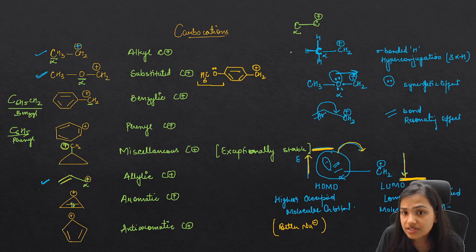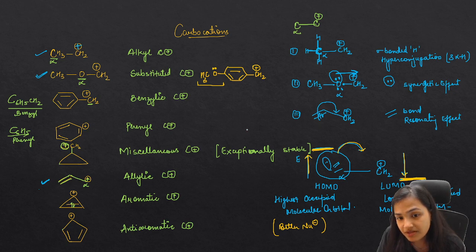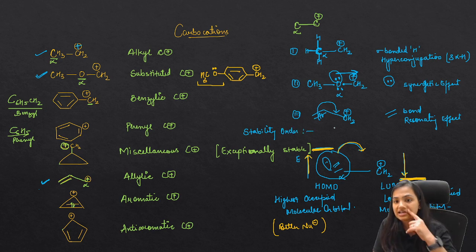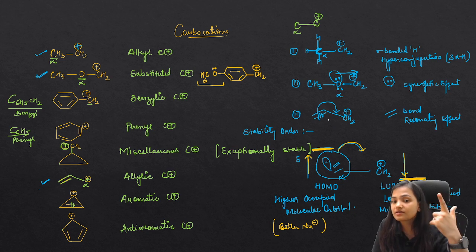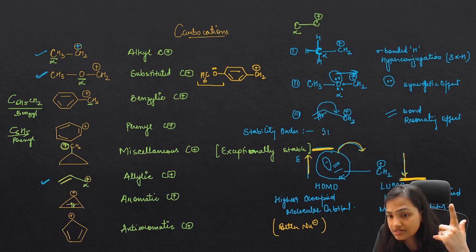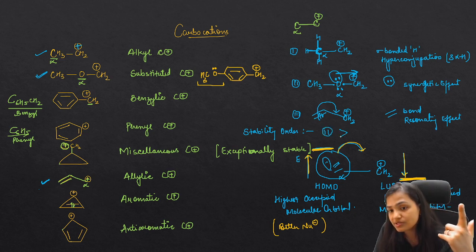So out of these three examples, that is example number 1, 2 and 3, if I ask you the stability order, what will be your answer? Your answer has to be that the lone pair one is going to be more stable, that is option number 2 is going to be more stable.